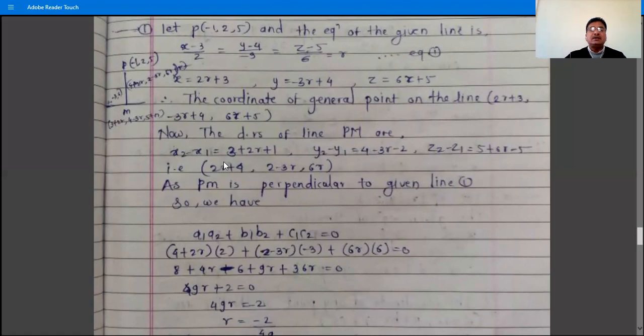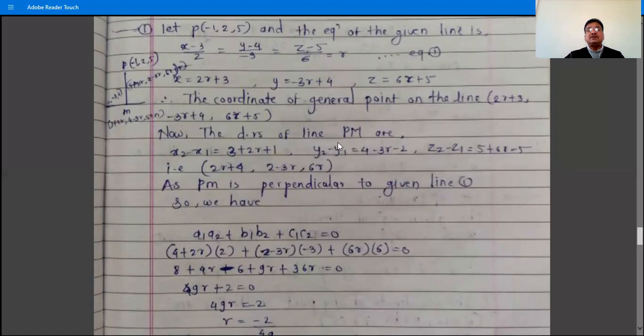And so the direction ratios of line PM are 3 + 2r + 1, 4 - 3r - 2 is the second value, and 5 + 6r - 5.